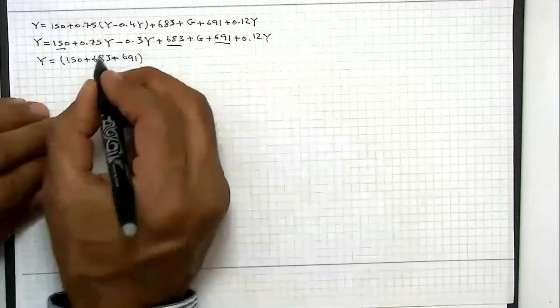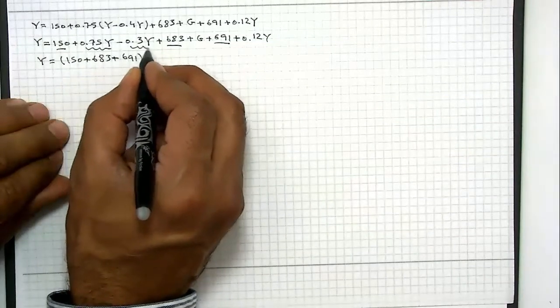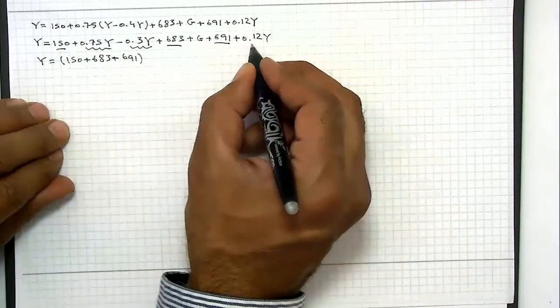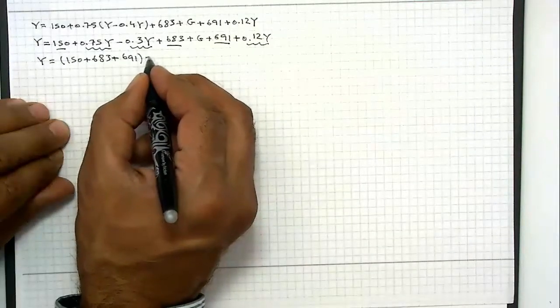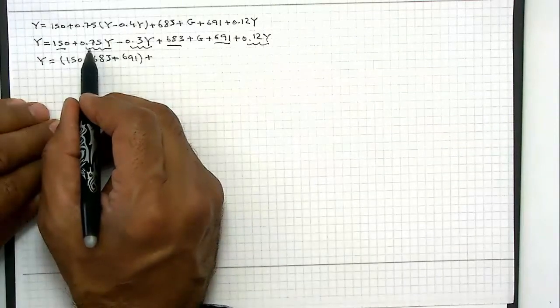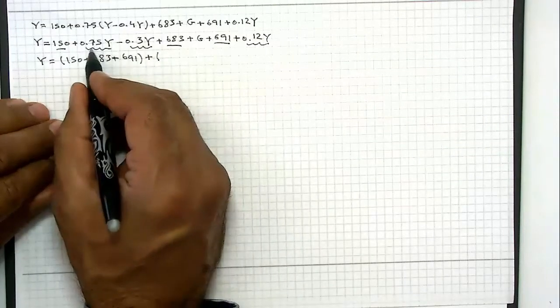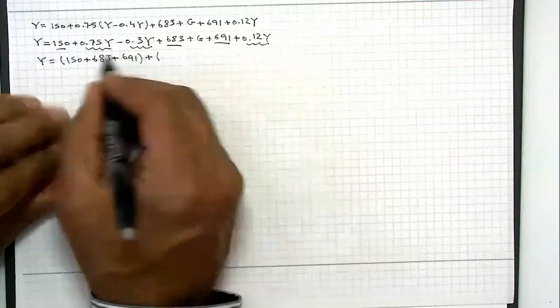Then I would like to add together all terms including y, and to do that, as I have done in my previous videos, you first add up all these coefficients, these numbers attached to the y.